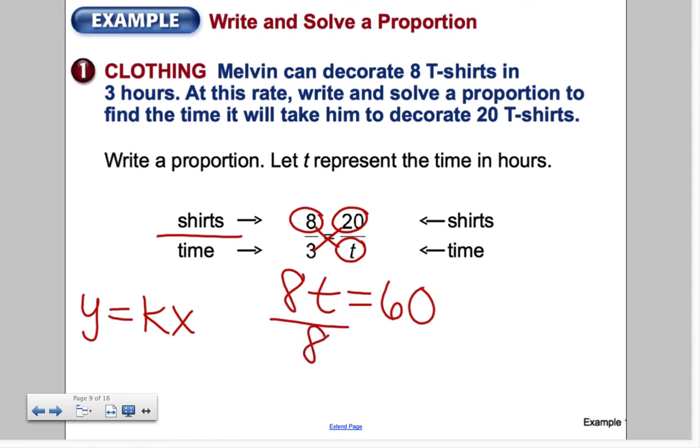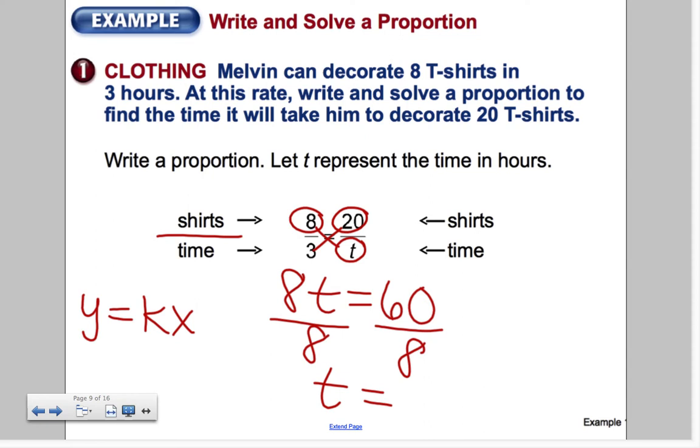So we got 8. What does T equal? How much time? Caleb? Is it 7.5? You guys agree? That makes sense. 7.5 hours, because 8 times 8 equals 64.